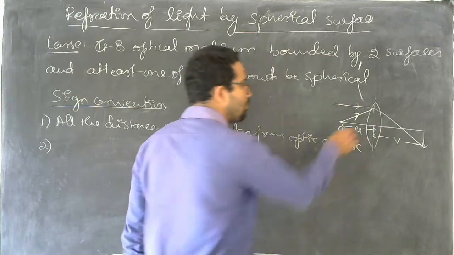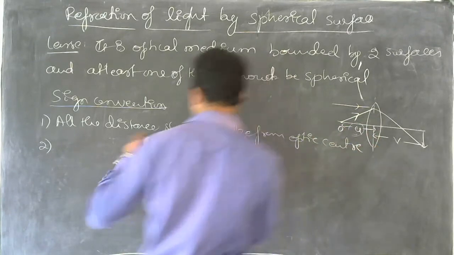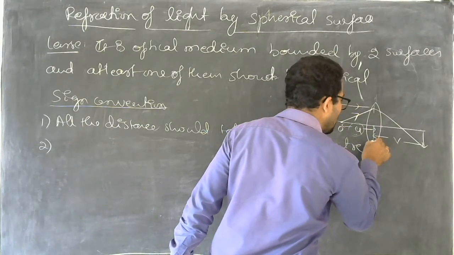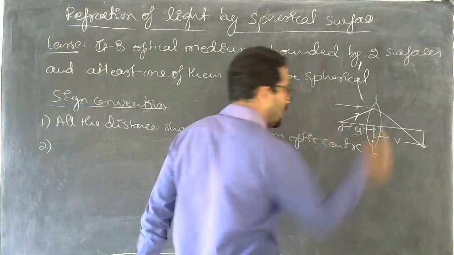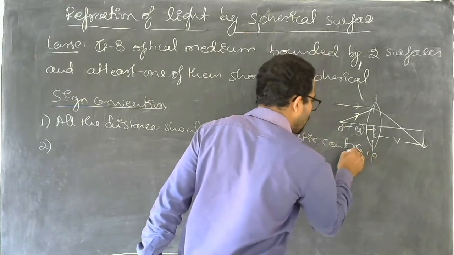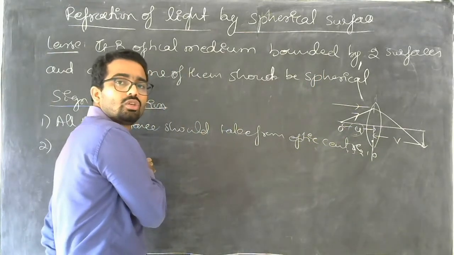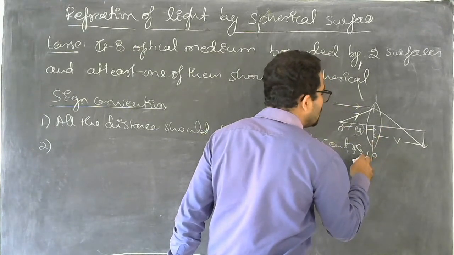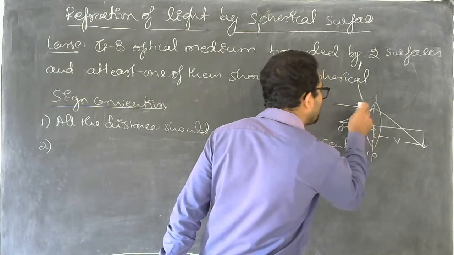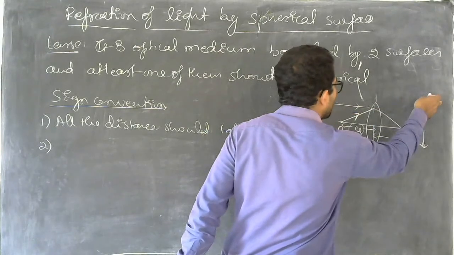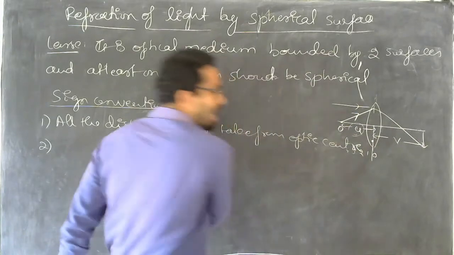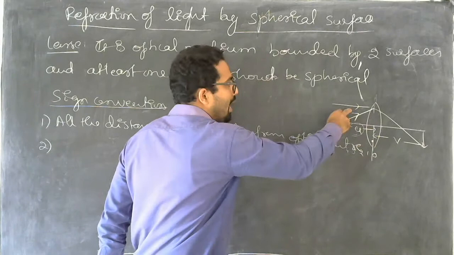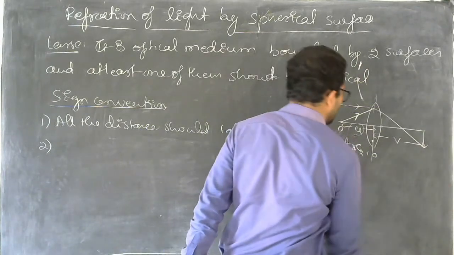The value of U should be measured from this optic center according to the first point. This is 0, next is 1, 2, 3, 4, 5, and it goes like this. So you are measuring the distance from the optic center, in a direction opposite to the one the light is traveling. Your value of length is increasing in this direction, but the light is traveling in another direction.